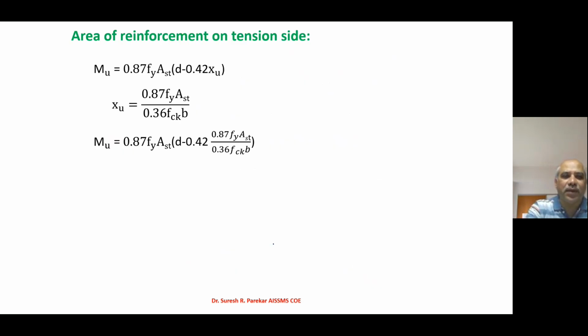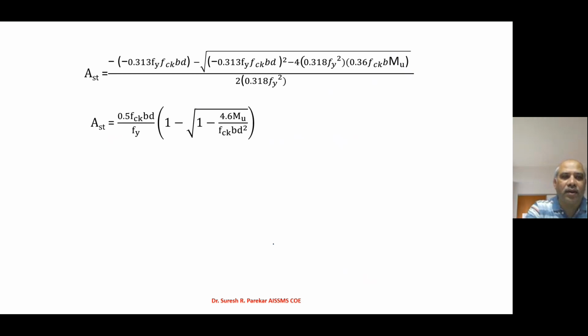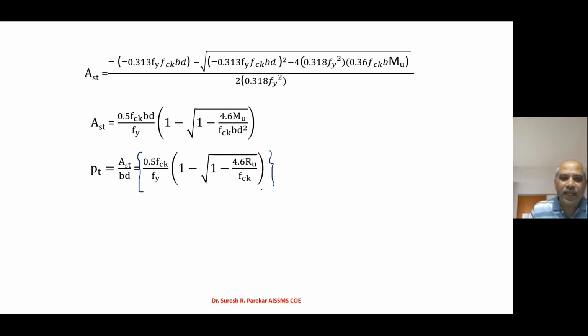Then the area of reinforcement. I will not go into this derivation, and you are not required to, but you should know how it is derived. From this we get AST, that is the percentage PT. This formula you require: 0.5 FCK upon Fy in bracket 1 minus root of 1 minus 4.6 RU upon FCK. You just have to remove MU and put RU, and BD we have to cancel because it is in the denominator.